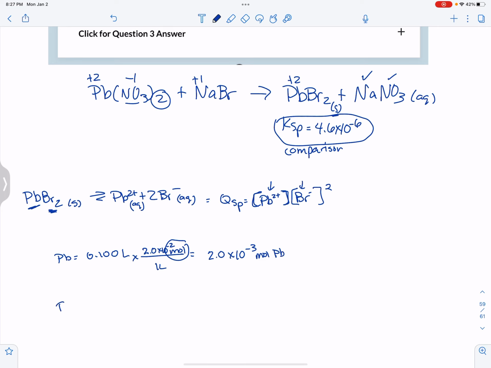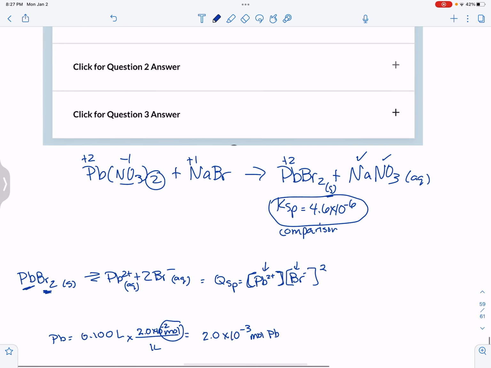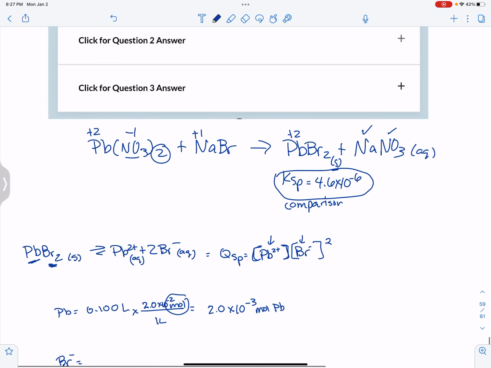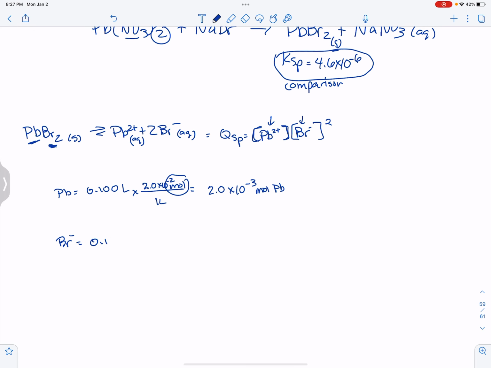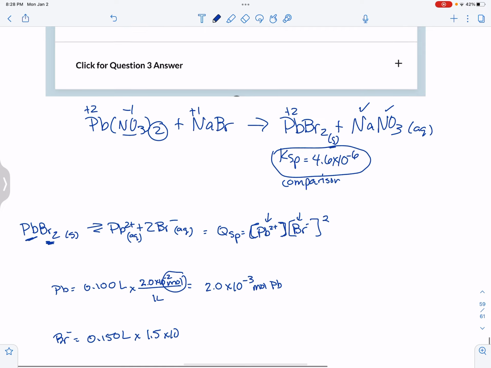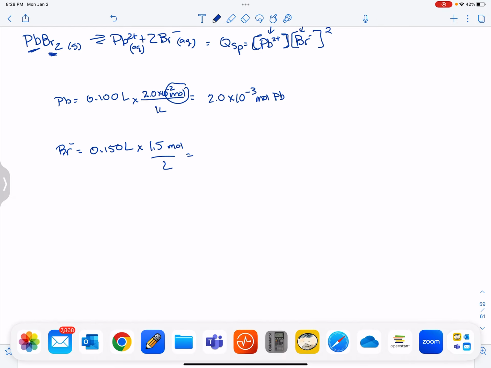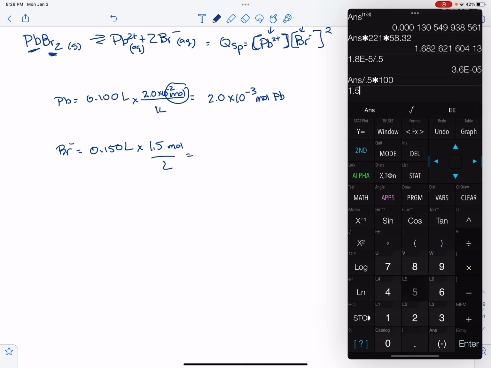Now, for the Br, I'm going to write that as 0.150 liters, and then there's my molarity, 1.5. There's no times 10 to the, and then that's moles per liter. So that should be like a 225 number, but I'm going to go ahead and type it in, 0.15.